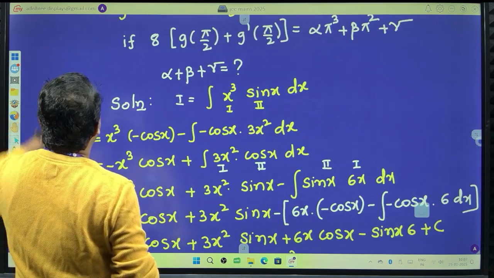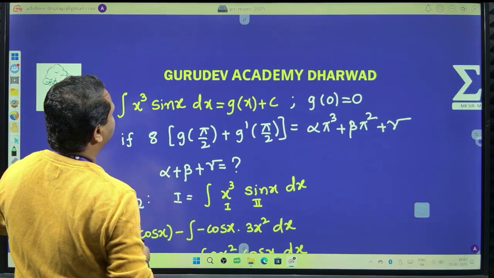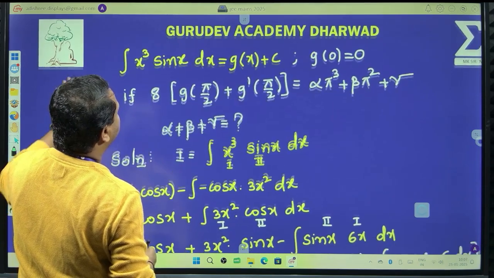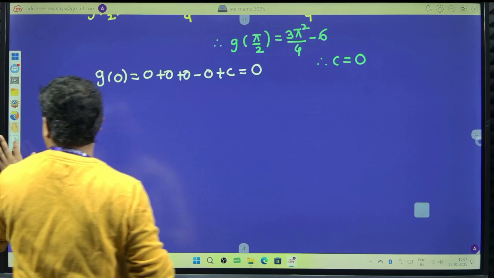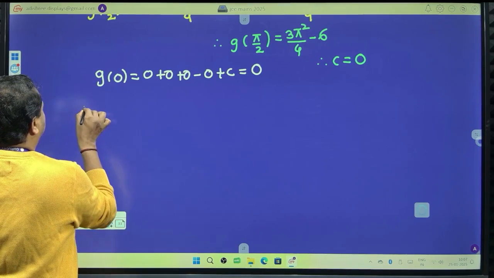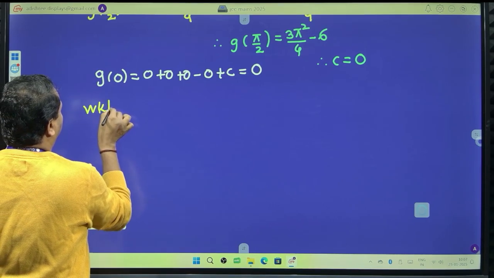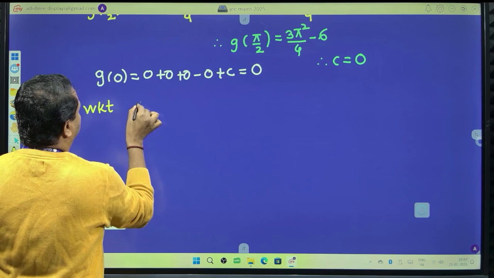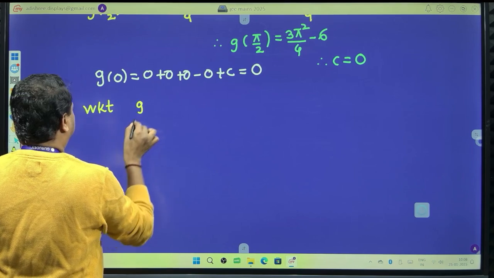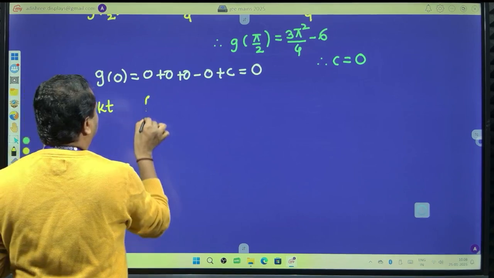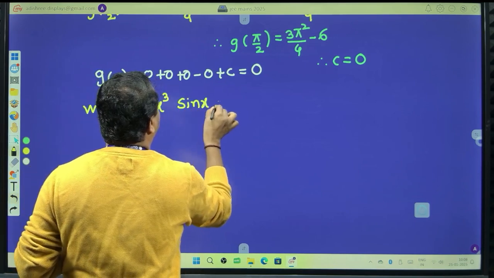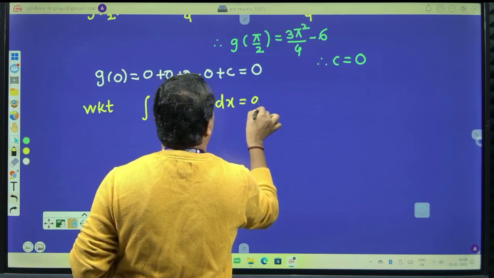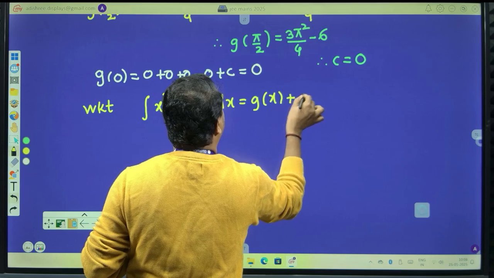I will take care of the integral function. What was the integral function? x cube sin x dx. Please observe. We know that integration of x cube sin x dx is equal to g of x plus c.